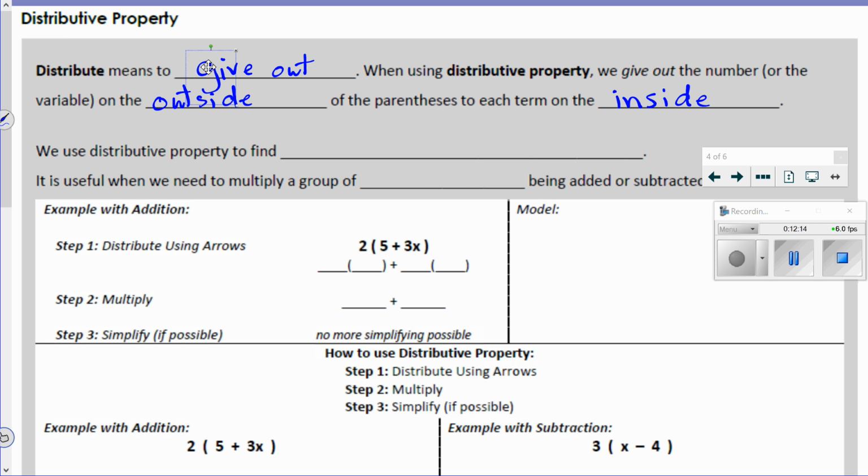We use distributive property to find what? Okay, so we're using it to find the total of the terms on the inside.